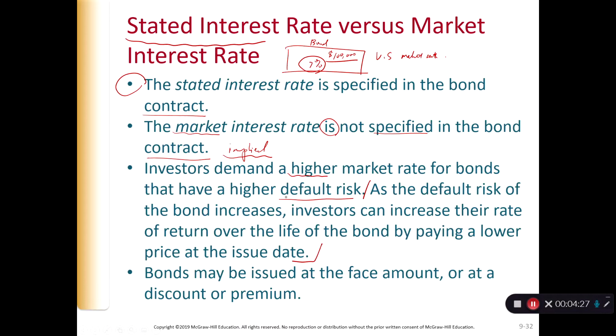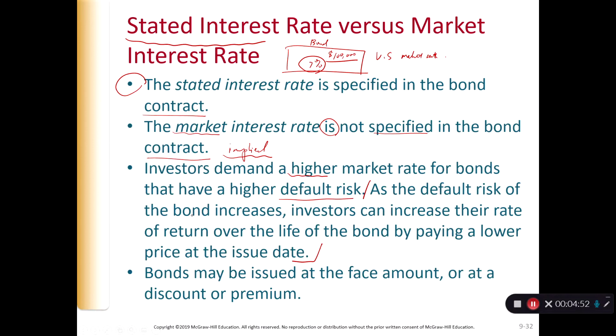Hence, this kind of firm has a high default risk. When the default risk is high for a company, investors also take a higher risk to invest in it. Therefore, high risk, high reward. A high-risk investment requires a higher rate of return.